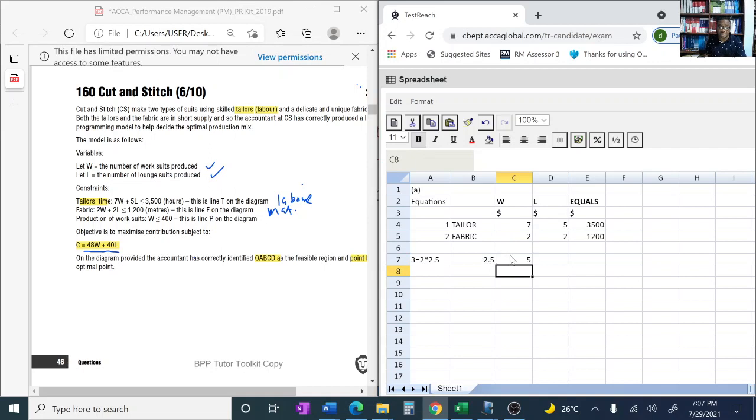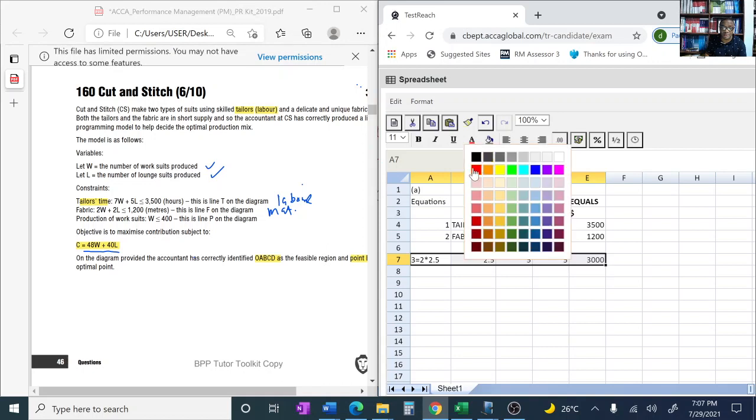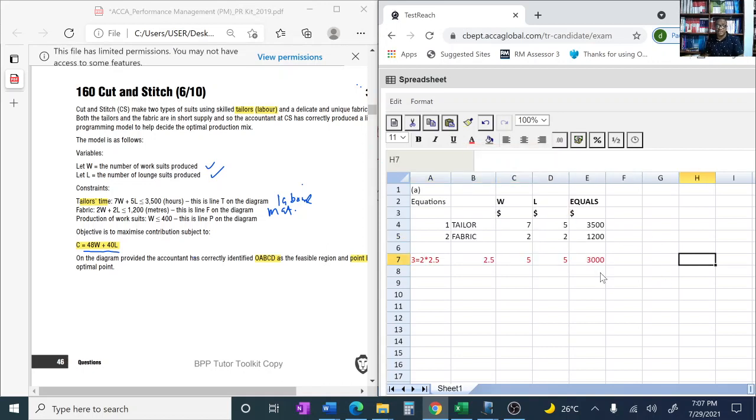But you see, I need to fix this. One can just multiply each of them by this and that and that. But if I want to fix it, then what I need to do is put a dollar sign in front of the B and in front of the 7. And when I've done so, I can now drag this there and have all the rest multiplied by it. So let me just call this the red one, give it some color so that you can see. Yeah, so that is equation 3.